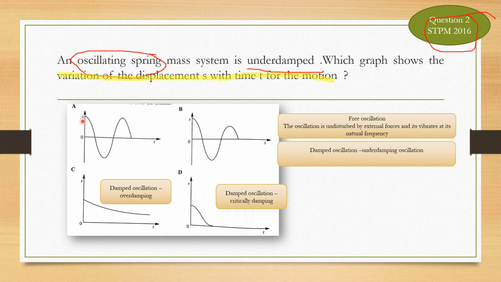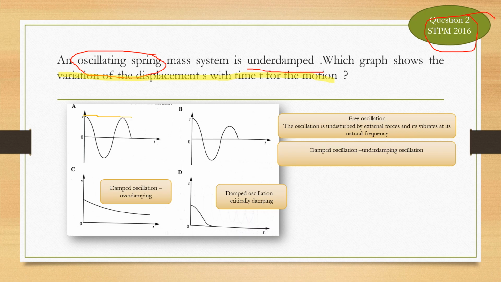If you see in A, the amplitude doesn't make a difference here. The amplitude is the same. Amplitude is the maximum displacement, right? So here it is the same and here also the same. Like this, the same.